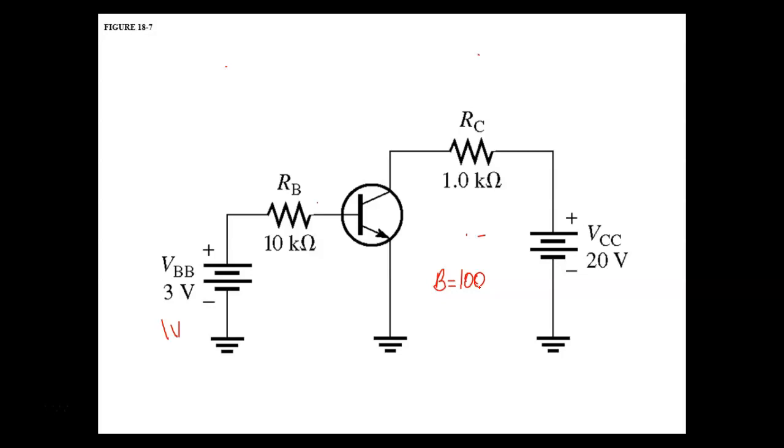So what do you say? VB would equal what? VB is 0.3. So my VB would be that.